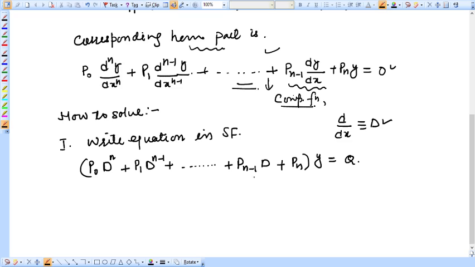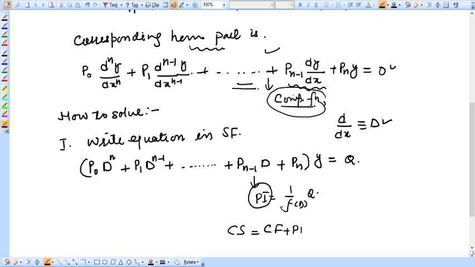And from the non-homogeneous part we find the particular integral, which is equal to 1 upon f(D) q. If we add these two solutions, we get the complete solution. So the complete solution of this equation is the solution of the homogeneous part plus the particular integral. We write: complete solution is equal to CF plus PI.